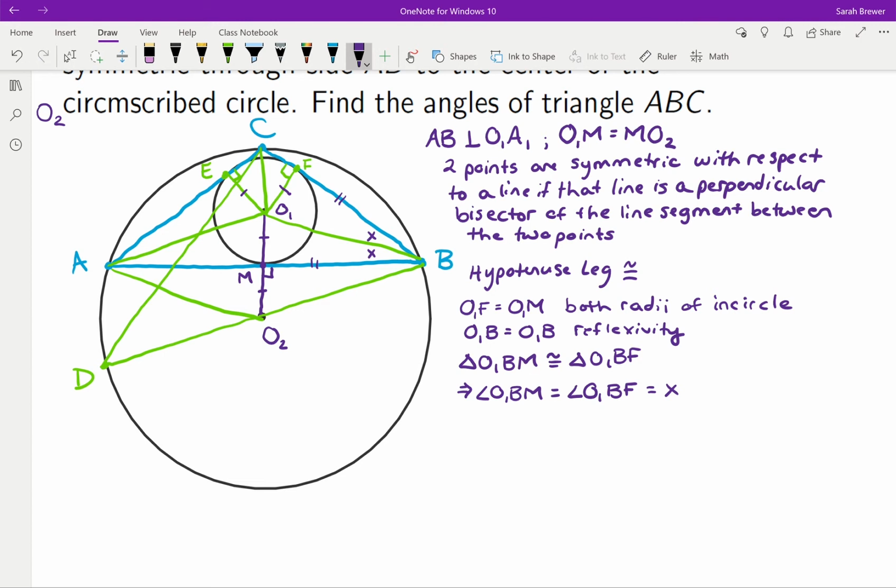All right, so then I want to look at triangle O1MB and triangle O2MB.